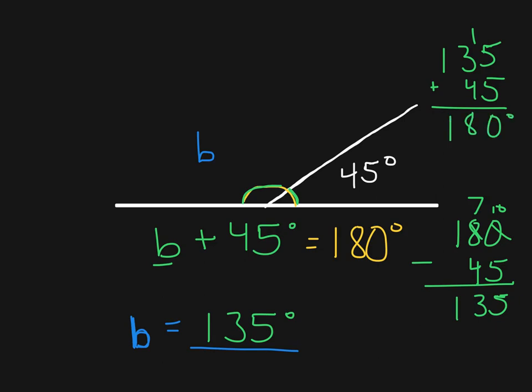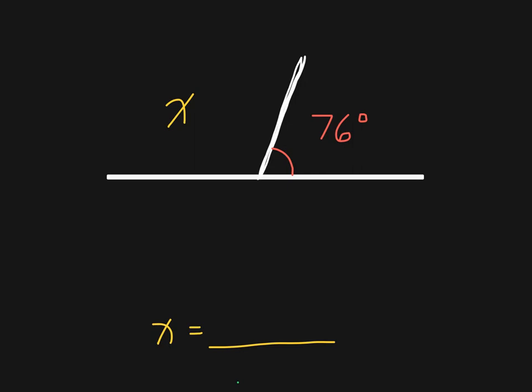And they do. So I can feel confident that I know the measurement of angle B. Here's one for you to try. What is the measurement of angle X if we know that this all together is a straight angle?